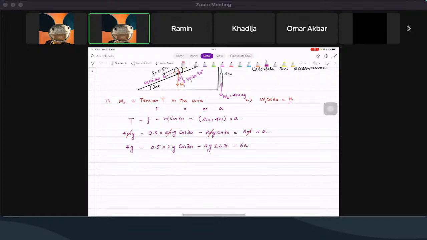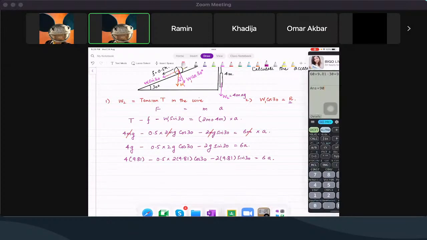And now let's put in the values of g. We know g is 9.81. So 4 times 9.81 minus 0.5 times 2 times 9.81 cos 30 minus 2 times 9.81 sin 30 equals 6a. So now let's do this.